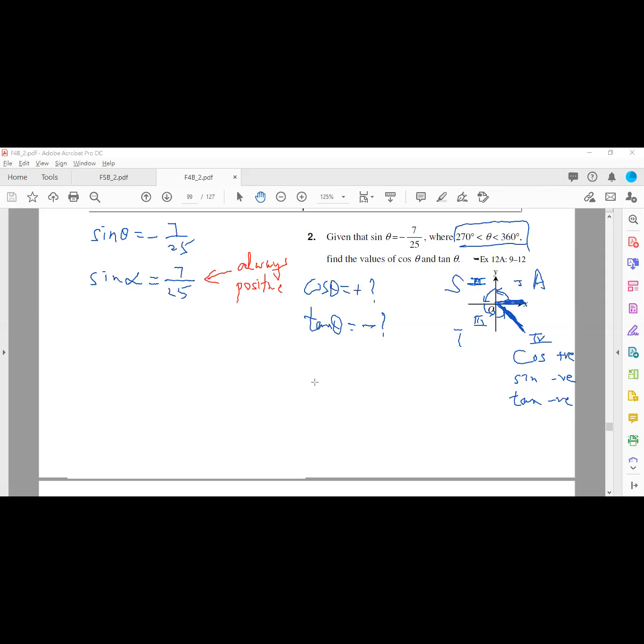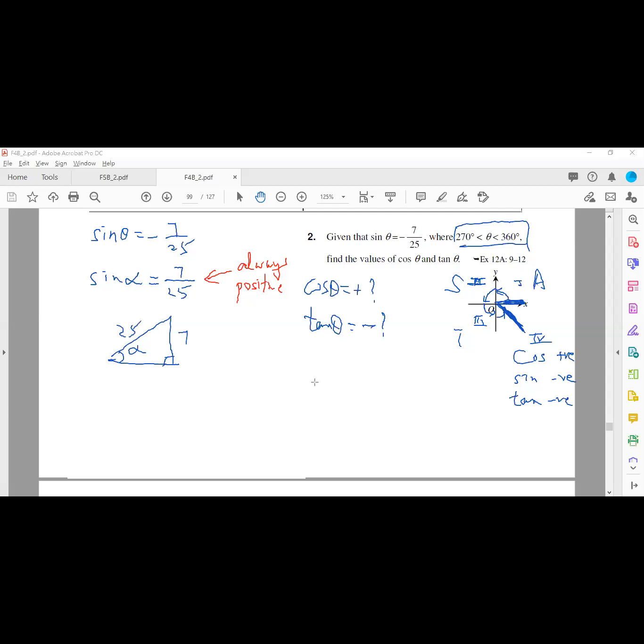Okay, and then we will draw a right-angled triangle with an alpha. Then we use this right-angled triangle to find the third side. Now we have sine alpha equals 7/25. Sine, cosine, tangent are opposite over hypotenuse, adjacent over hypotenuse, opposite over adjacent. So sine should be the opposite side over the hypotenuse. So 7 should be the opposite side, and the 25 should be the hypotenuse.